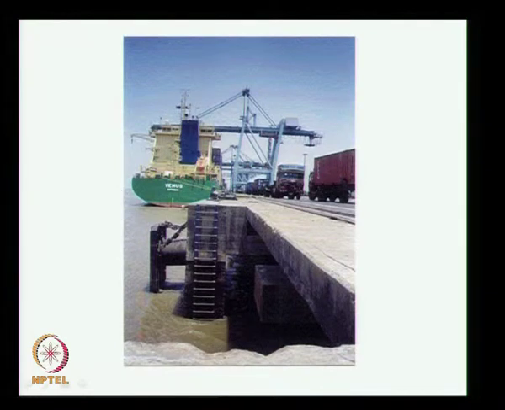You can see the vessel here, this is called a cell fender, this dimension will be about 1.5 meters, then you have the frontal board, this is the top level of the frontal board, this is the bottom level of the fender board. This may not be the low tide level; if it is low tide level you can see the bottom of the frontal board, this may be in between.